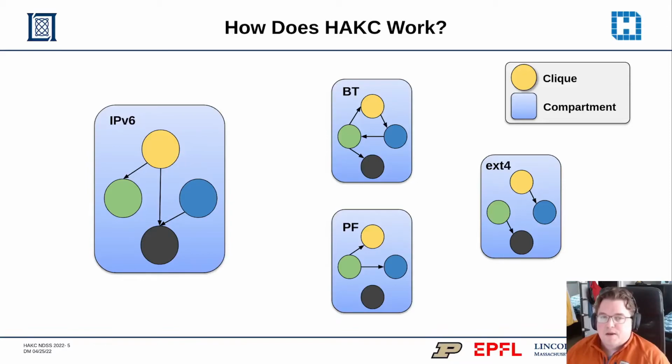Finally, the compartmentalization policy dictates valid control flow transfers between compartments. In this case, the IPv6 compartment can transfer to the Bluetooth and packet filtering compartments, but cannot transfer control to the ext4 compartment.